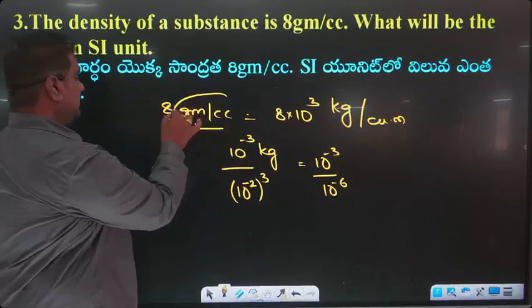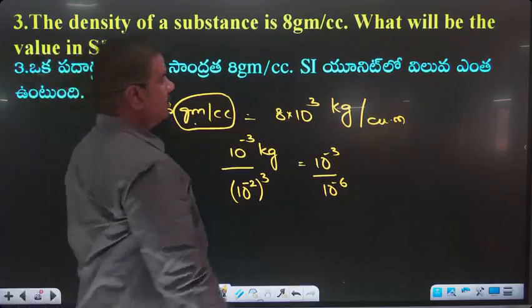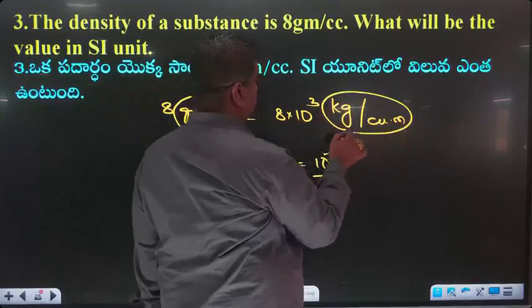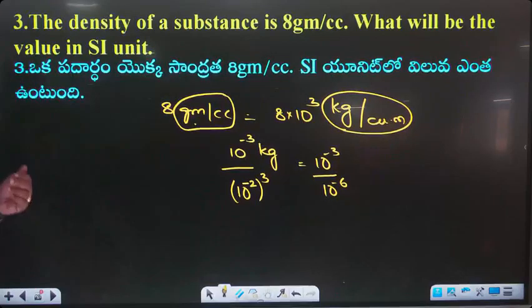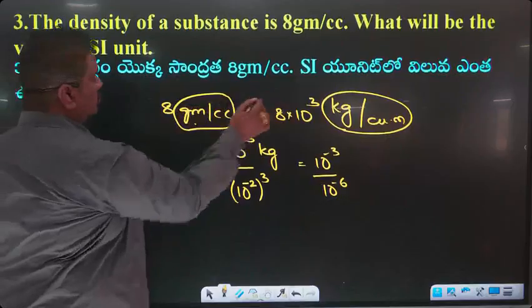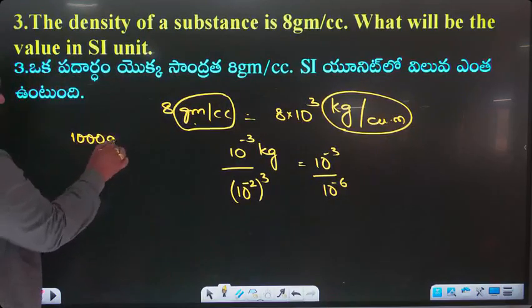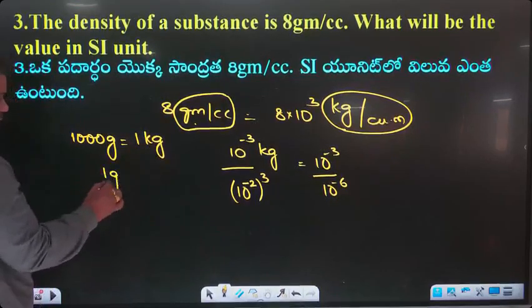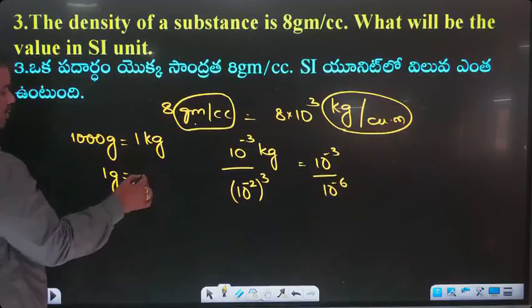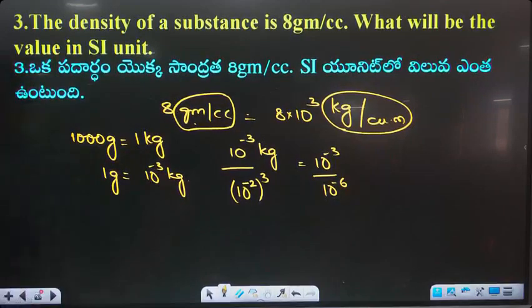Gram per cubic centimeter is the CGS system, and kg per cubic meter is the SI system, so we are converting from the CGS system to the SI system. The moment you convert grams to kg, 1000 grams equals 1 kg, or 1 gram equals 1 by 1000 kg, which we write as 10 power minus 3 kg.